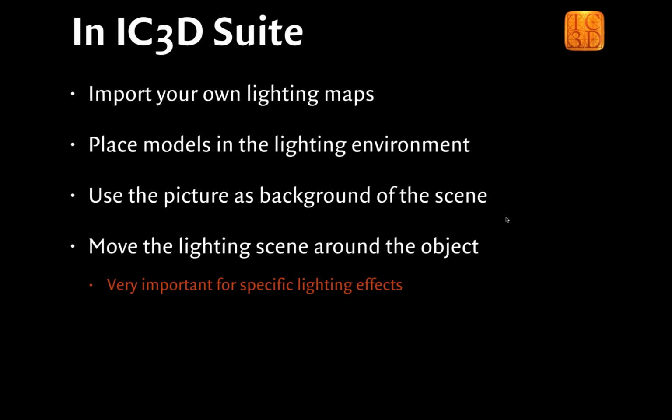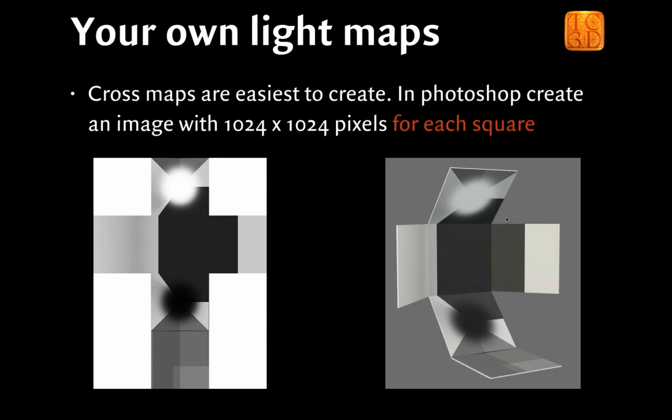The floor, if you want, is the one with the black circle on it, and then the rest, if you fold this into a cube, will form the walls. So you simply create that picture inside of Photoshop. The dimensions will be 4 times 1024 vertically in this case, and then 3 times 1024 in the other direction. And I'm not going to try and calculate out of my head here what that is, but you can do that easily enough. But each square just needs to be 1024.